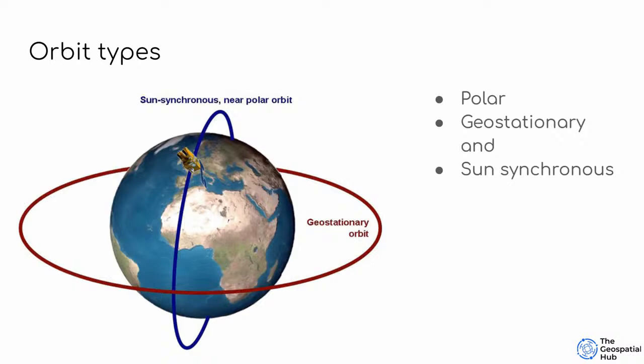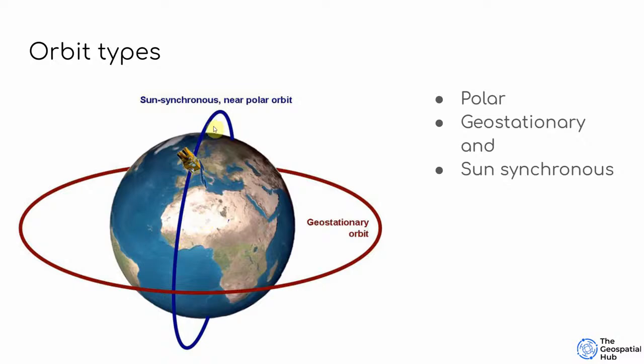We categorize these orbits relative to their altitude, the height at which the satellite is above the Earth's surface, and their orientation and the way they rotate relative to the Earth.